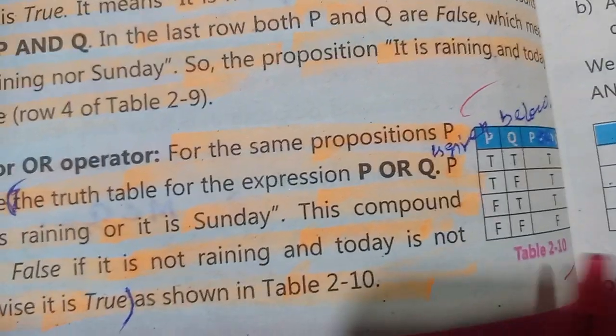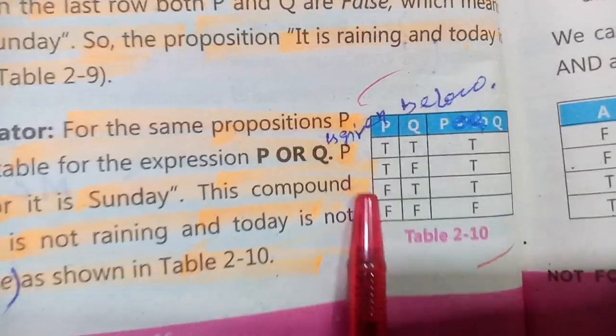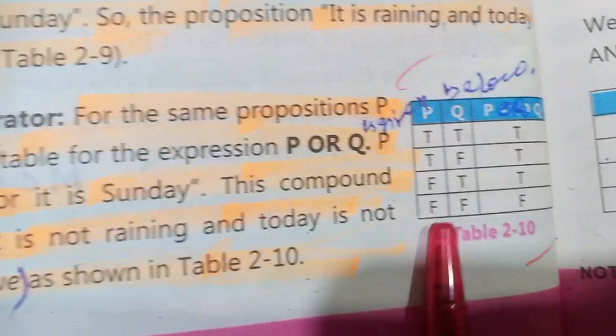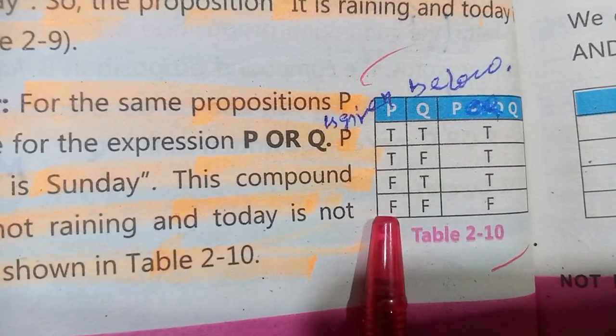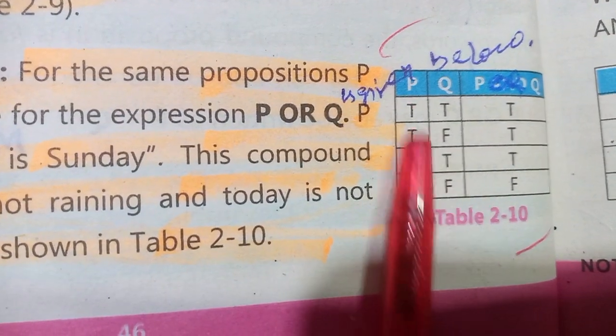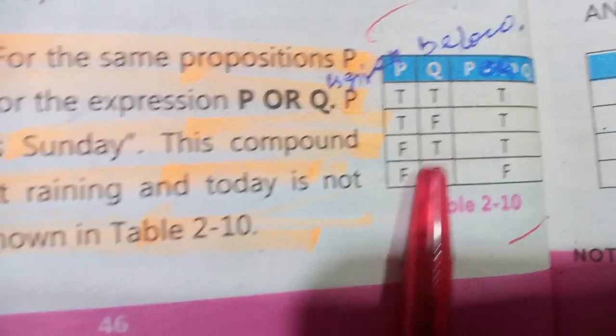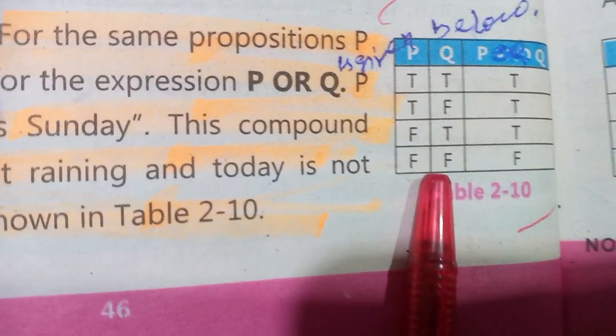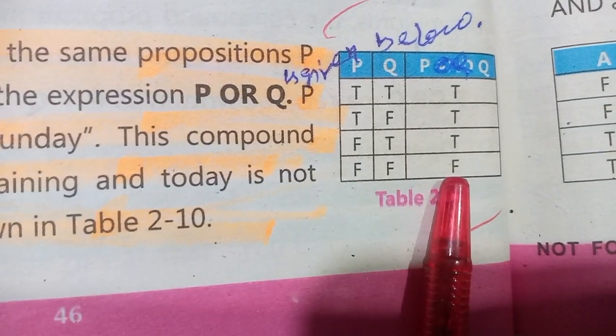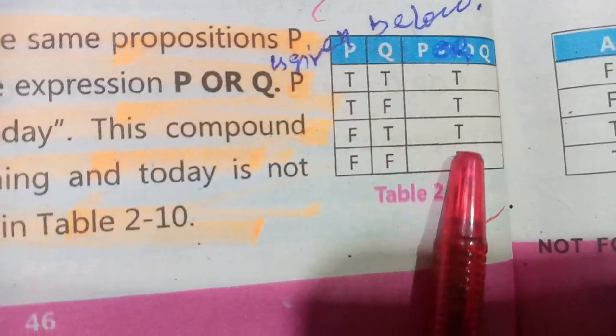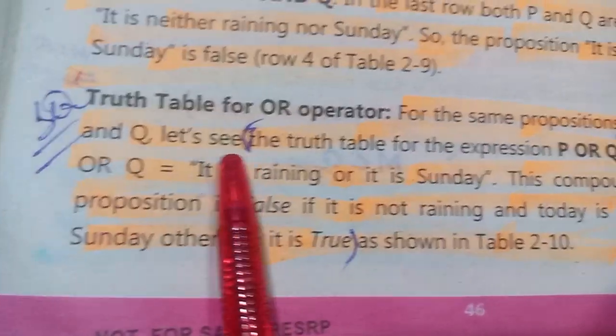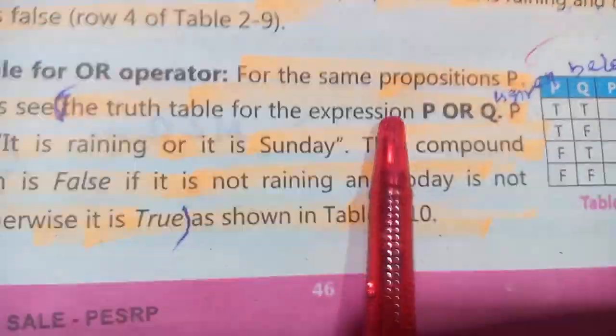You have already seen the truth table of OR operator. From the table you can see that if the value of P is false and the value of Q is false, then the compound proposition will be false, else it will be true. So this piece of information is written here.